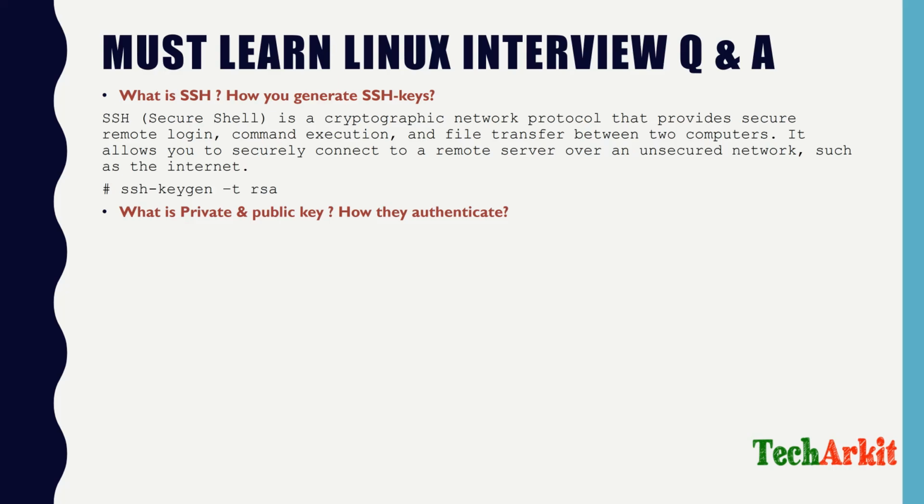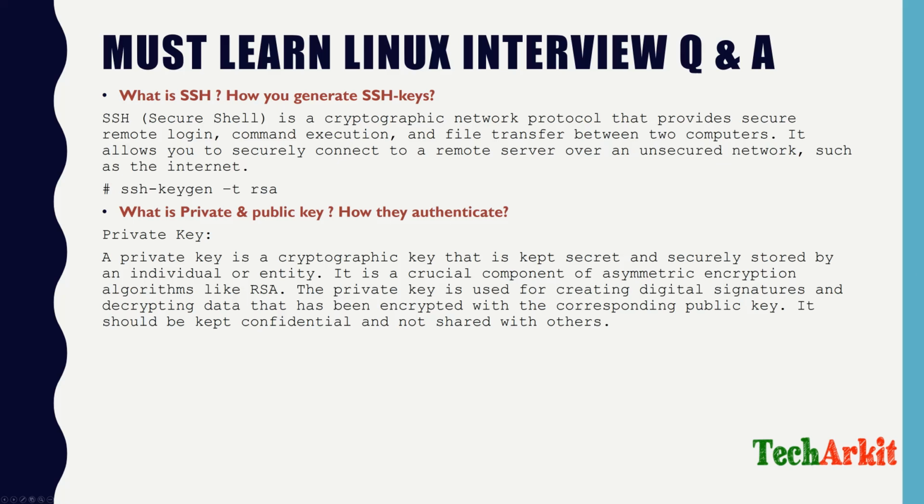What are the private and public keys? How do they authenticate? What is the difference between the private key and the public key here? It has a long story, but I will keep it short. A private key is a cryptographic key that is kept secret and securely stored by an individual or entity.